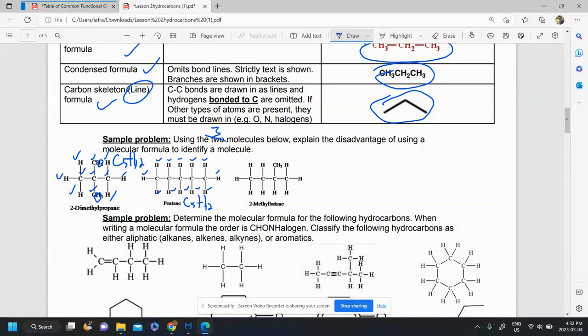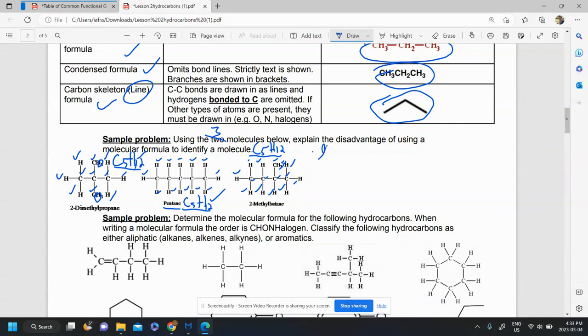So 2,2-dimethylpropane, C5H12. Pentane, C5H12. All right, let's try 2-methylbutane now. Looks like I have 1, 2, 3, 4, 5 carbons, one in the branch there. So I have C5. And then for my hydrogens, 1, 2, 3, 4, 5, 6, 7, 8, 9, 10, 11, 12. H12. Interesting. So you can see that these three different molecules have the same molecular formula.